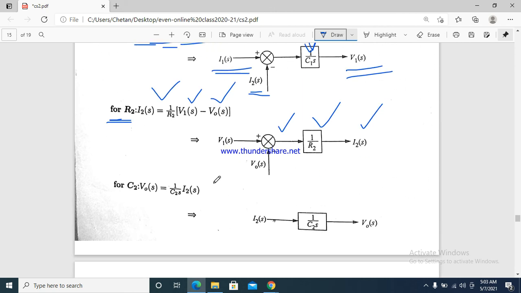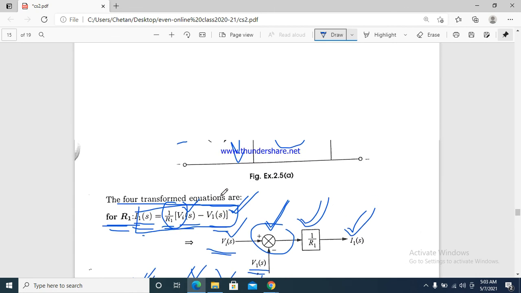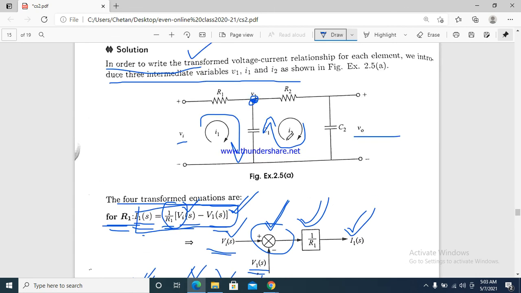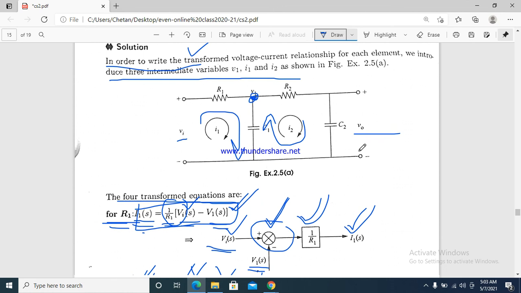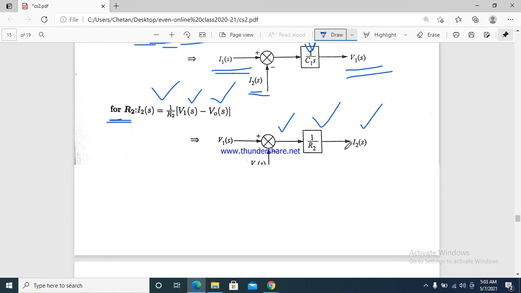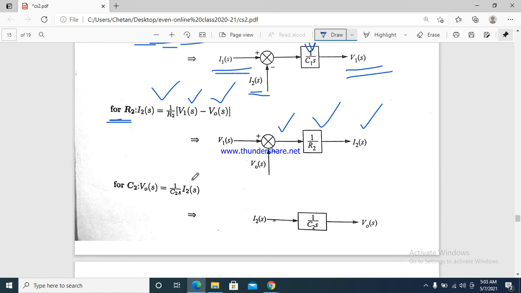Next, V0 of S equals I2 multiplied by 1 by C2 of S.